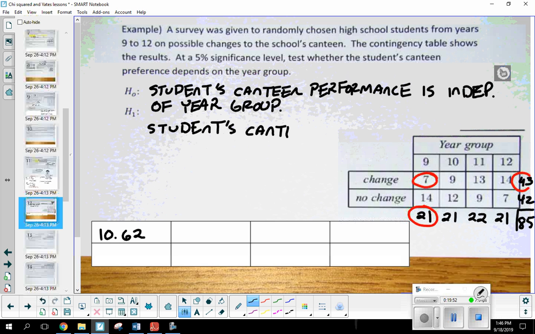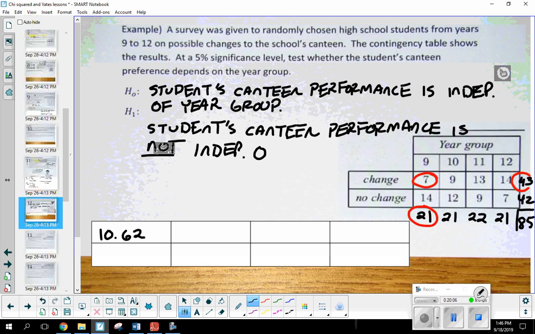Students' canteen performance is not independent, okay, of year group. Okay, there we go. Any questions on the two sentences that you'll write?